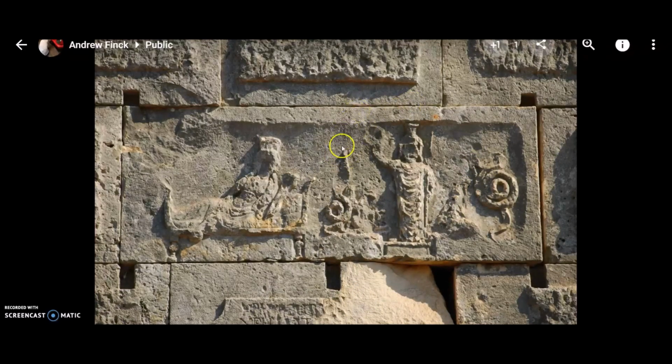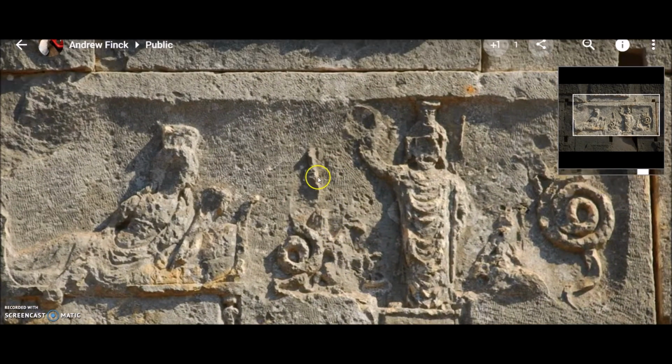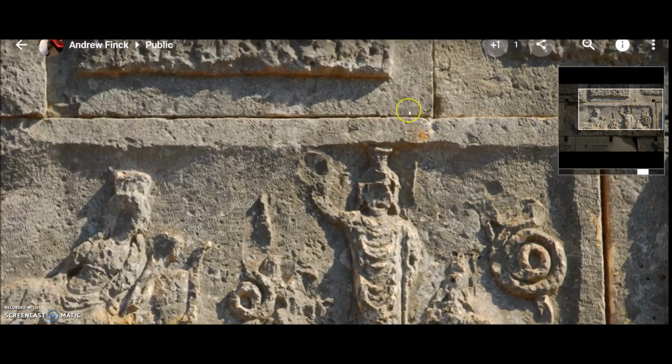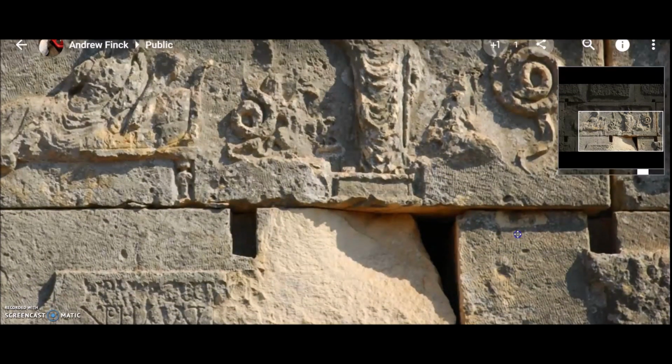So the colors are the same, implying a similar age. And I wanted to focus on these small chisel marks, and how they aren't only seen inside this block to execute the art, but it is also seen around the block as well, and it even extends into some of the other blocks surrounding it.